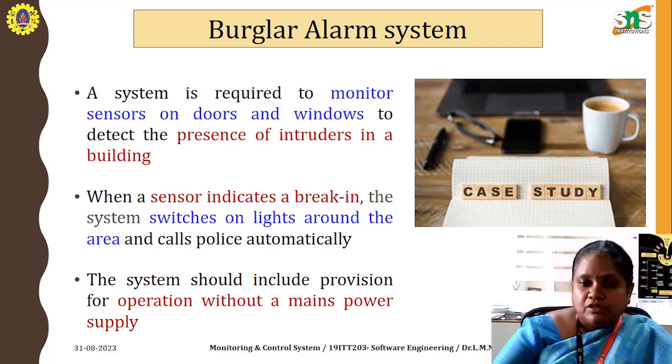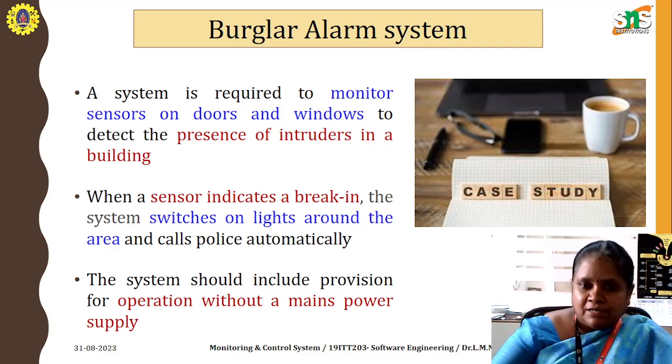So the system should include provision for operation without a mains power supply. In most cases, when a thief enters, he will first cut the power supply to the house. So when power goes off, your burglar alarm is not working. Then what is the use of having that burglar alarm system?